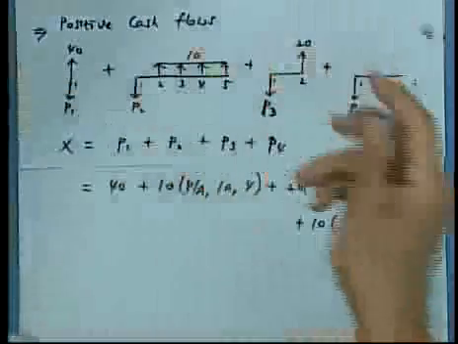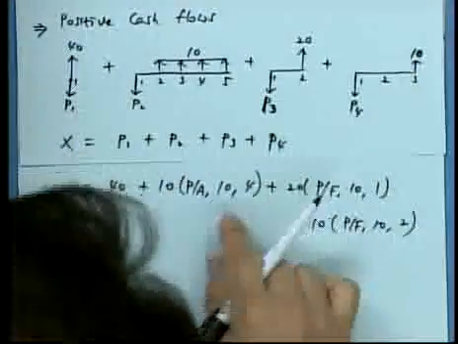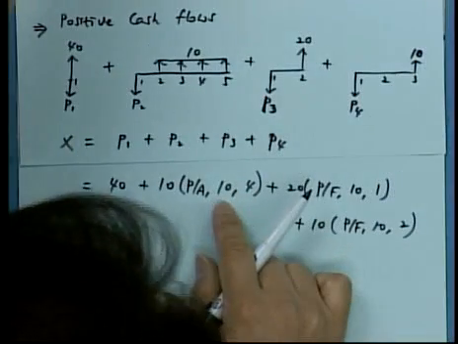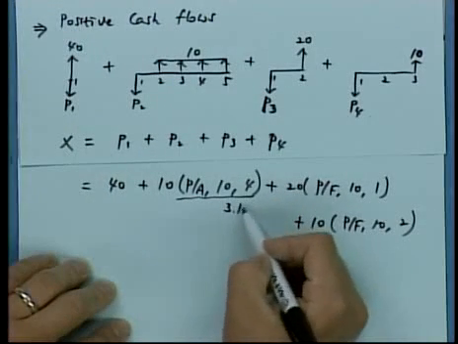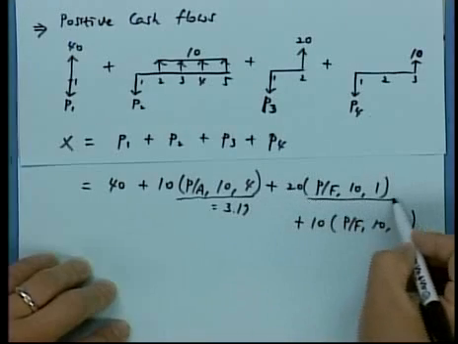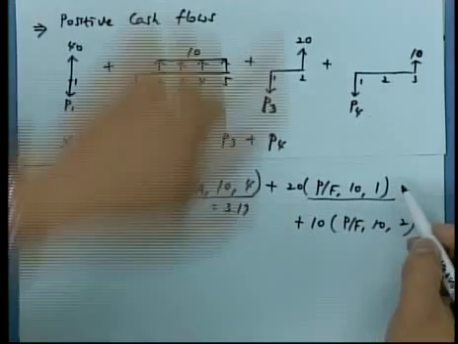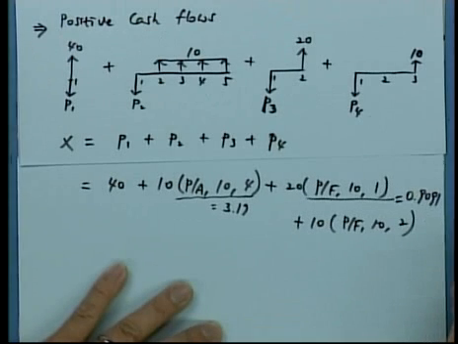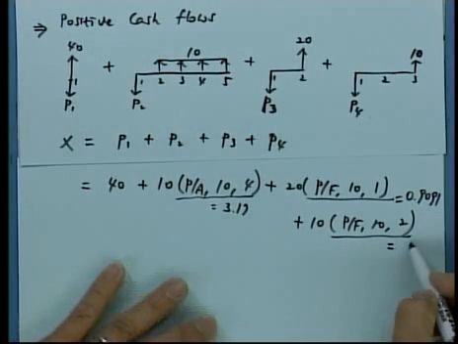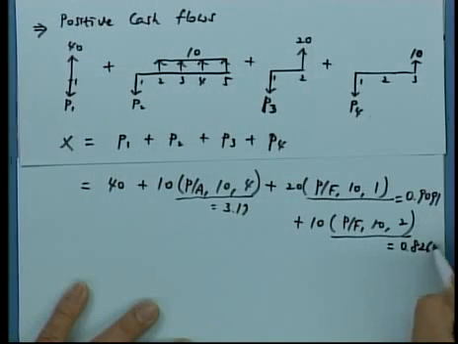And 10% P given A over 4 periods is 3.17. This is this 3.17. How about this? P given F over 1 period is 0.9091. How about this? 0.8264. Okay.